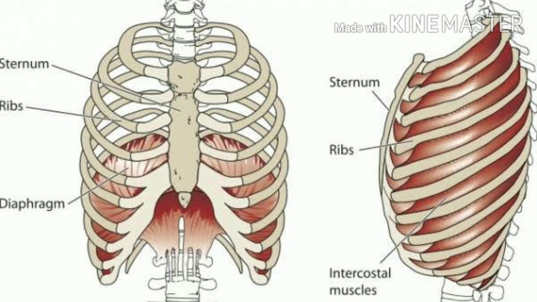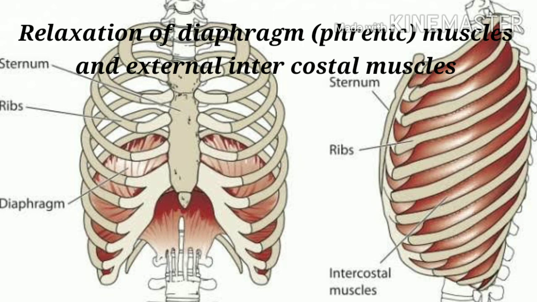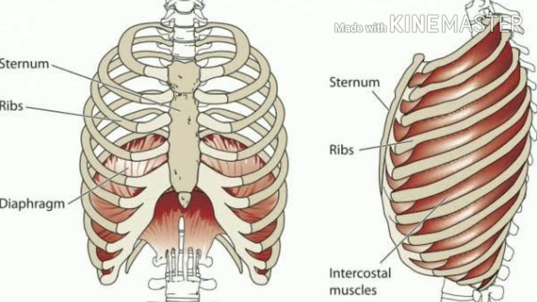The process of expiration is done by relaxation of the diaphragm. The diaphragm muscles are relaxed, means they get into the original position, and the external intercostal muscles also relax, means they return. That results in the diaphragm and sternum returning to their normal position.